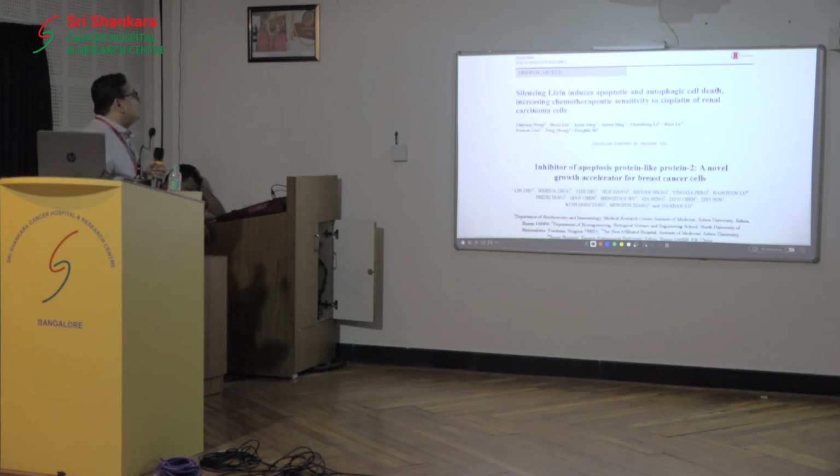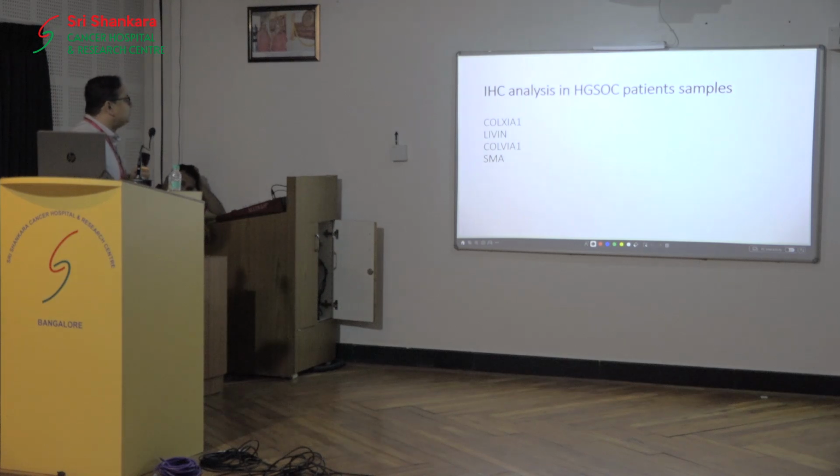We found that BIRC7, livin, is an anti-apoptotic protein, an inhibitor of apoptotic protein, so it is also responsible for the resistance mechanism. Then we proceeded with our analysis through IHC, selecting the genes collagen 11, livin, collagen 6, and SMA.